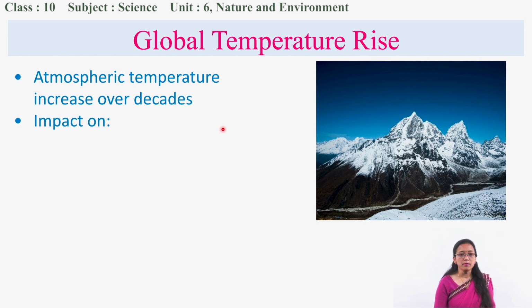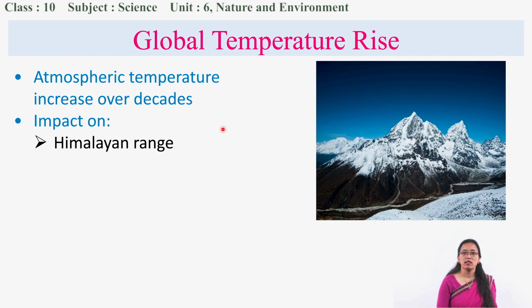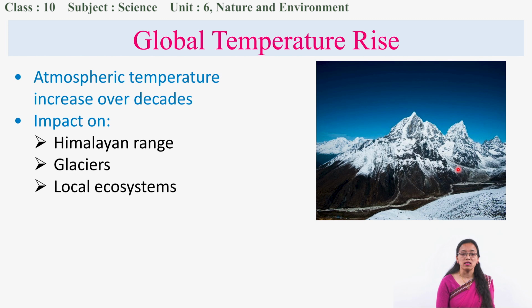Due to this, different impacts are seen on different factors like the Himalayan range. The snow on the Himalayan range is melting away. Because of that, the height of these mountains is also decreasing. The glacier caps are melting and forming glacier lakes, and glacier lake outbursts are also seen.